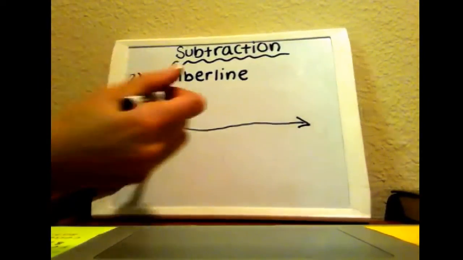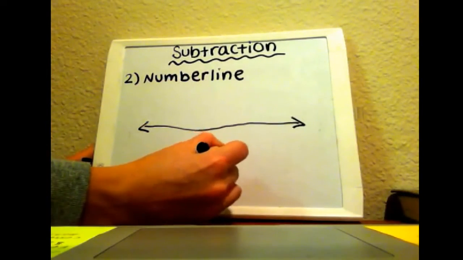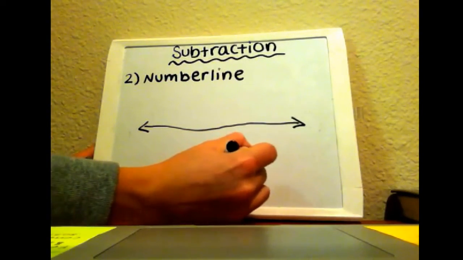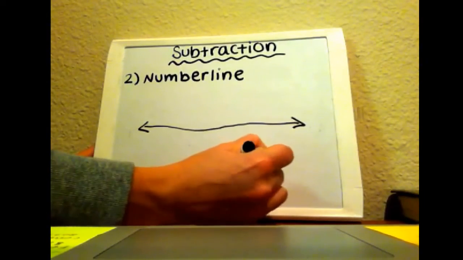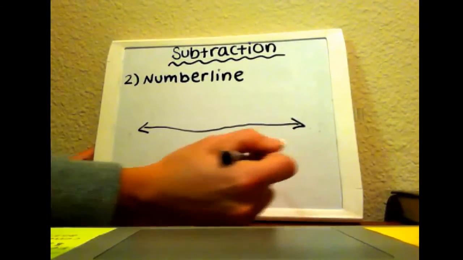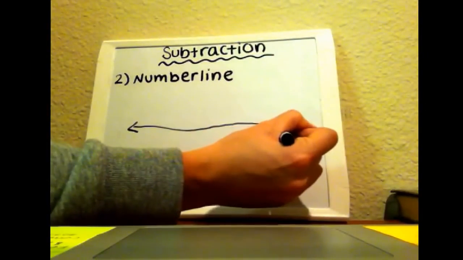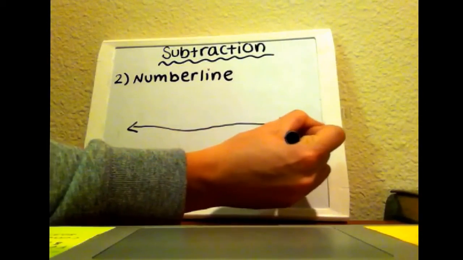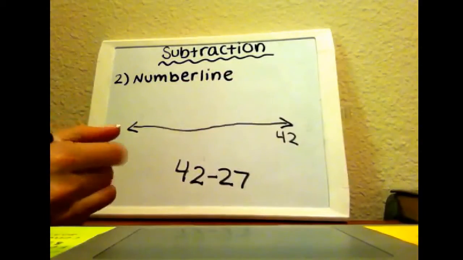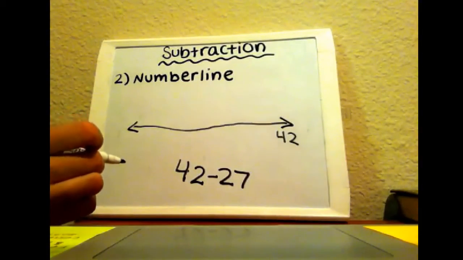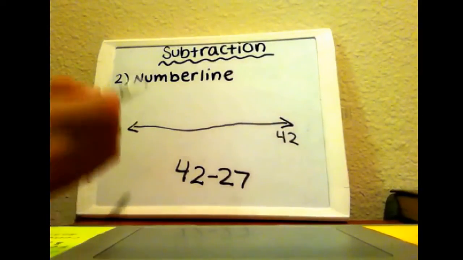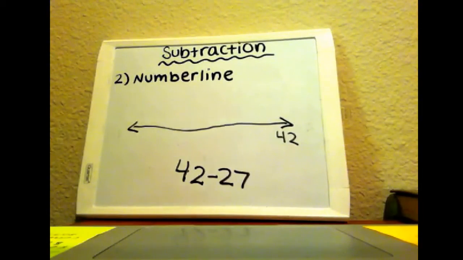And for this problem, we're going to do 42 minus 27. So we're going to start off with our larger number, which is 42. And then we're going to see where we get to by subtracting 27.